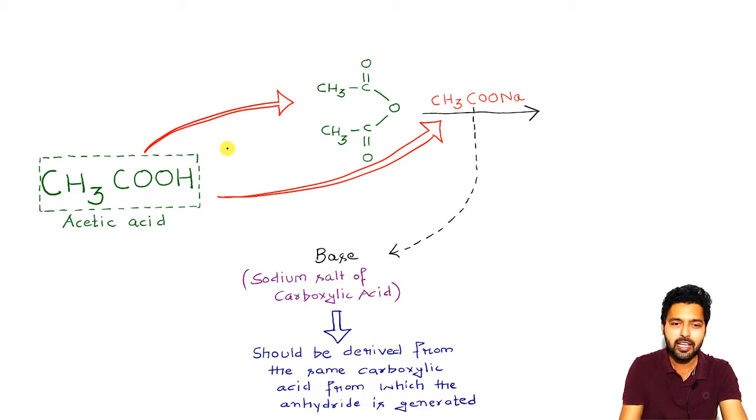So this means that both the base, I mean this base here, as well as the anhydride, should be derived from the same parent carboxylic acid, right? So once again, we cannot use any base here. It should always be the sodium salt of that particular carboxylic acid from which the anhydride has been generated.